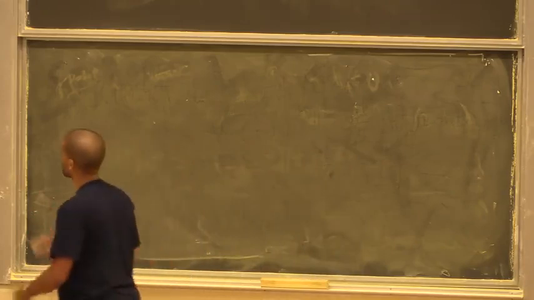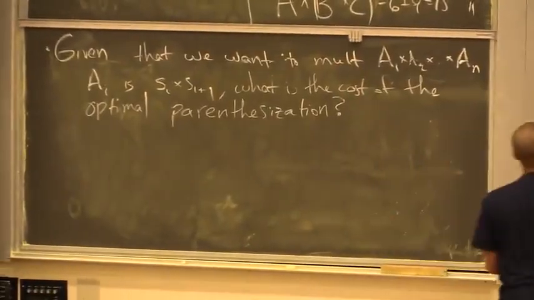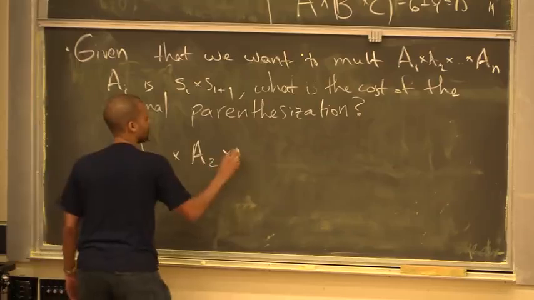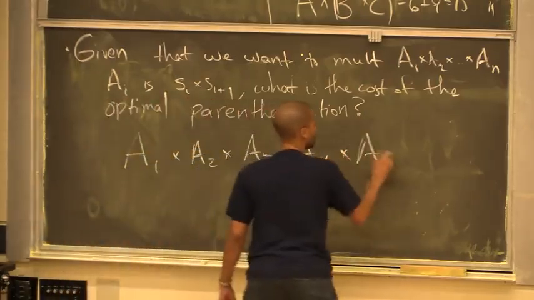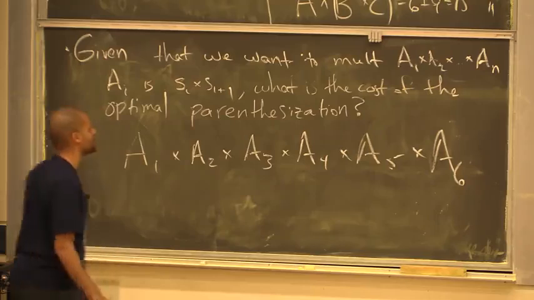Here, what do I want to say? Well, if I'm going to do this parenthesization, there has to be a final multiplication that I choose to do, right? So for example, if I have a long sequence of matrices, A1 times A2 times A3, etc., there's going to be some order that I choose to do this parenthesization.